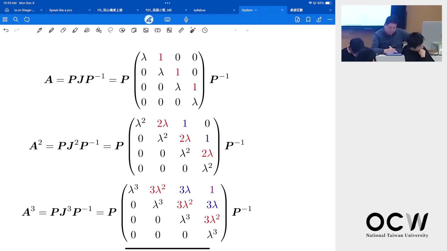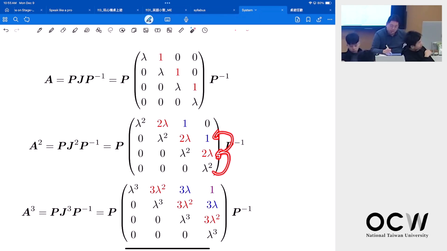Because I have a square, I have lambda squared, obviously. But right above the main diagonal elements, here I have 2 lambda. And then later on, I have a 1. It looks like this part, I can take the derivative of the main diagonal elements. Lambda squared, now the next level, I take the derivative, it'll be 2 lambda. And how about 1?